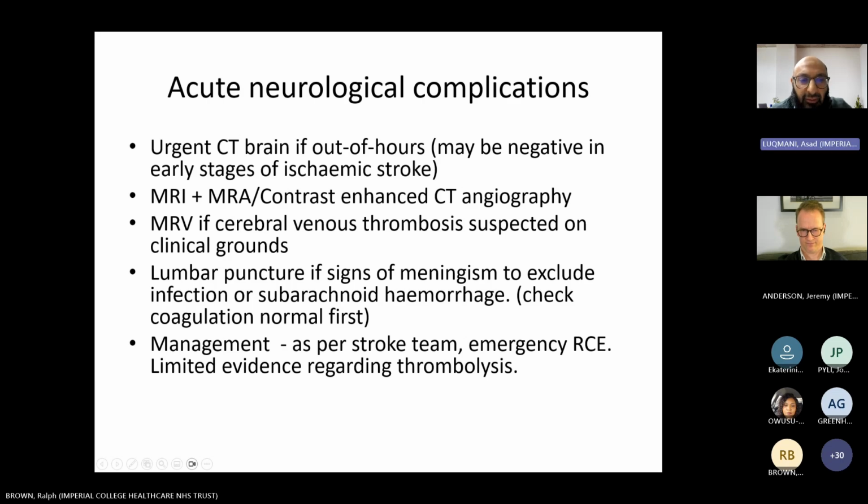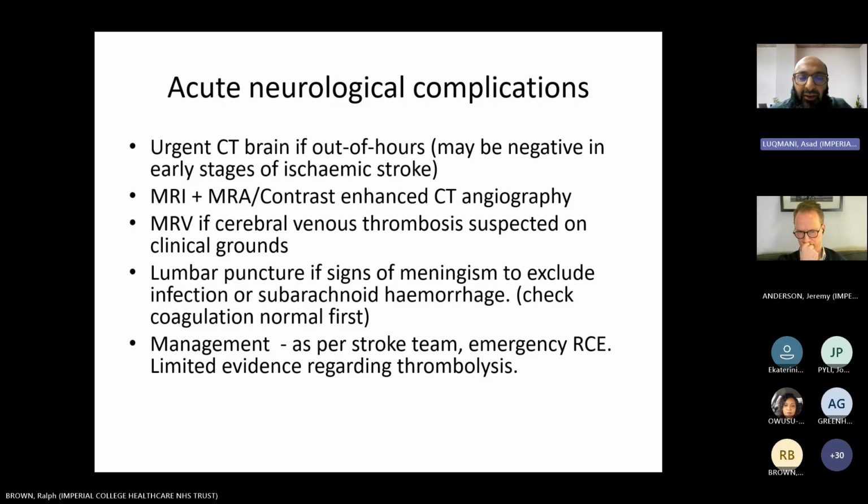So I'm not going to go into this in too much detail, but generally patients presenting with acute neurological complications should be directed to an acute neurology unit, a stroke unit, and should be managed as per the stroke team advice initially. And then imaging should be performed, including imaging to look for evidence of sickle vasculopathy. Generally, these patients would be treated with an emergency red cell exchange. There is limited evidence regarding thrombolysis in patients with sickle cell disease.